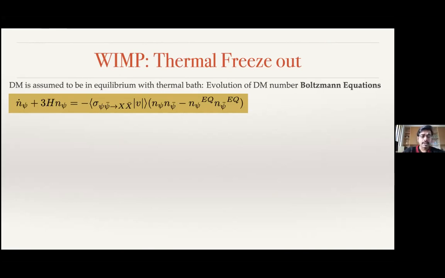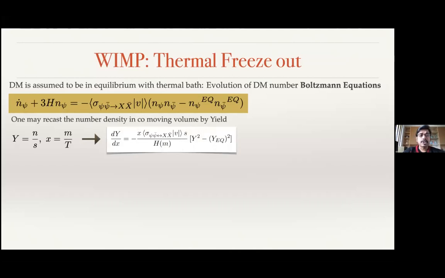So this is the basic Boltzmann equation that one has to solve. And this can be recast in terms of the number density in co-moving volume, which is called yield, Y equals n by s, where s is the entropy density, and x is basically the ratio of the mass of the dark matter to the temperature. And you can rewrite this equation in terms of dY/dx. And instead of n psi square minus n psi equilibrium square, now you have Y square minus Y equilibrium square.